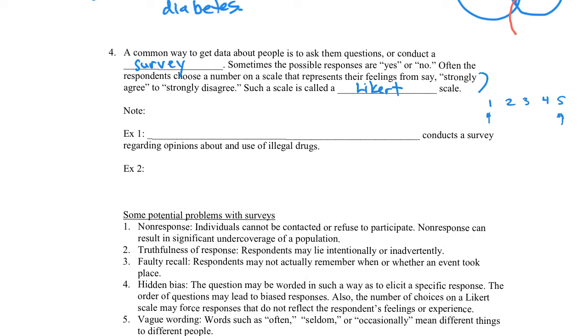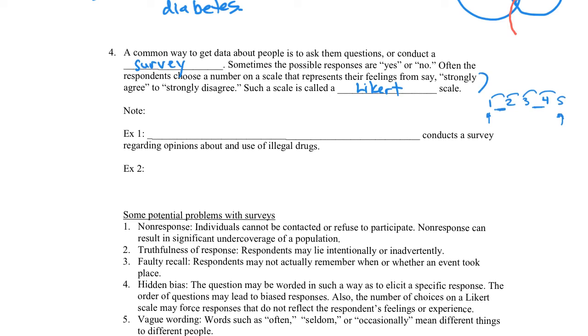We'll see later on that if the gap between these is not the same, then there are certain statistical methods that shouldn't be used. Some people argue that the change in feeling between 1 and 2 is the same as the change in feeling between, say, 3 and 4. Others say that it's not. So we'll see. But Likert scales are used all the time.